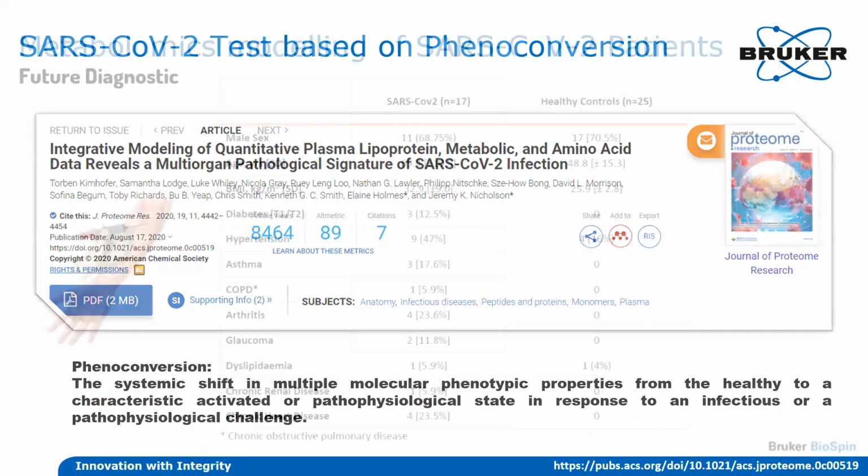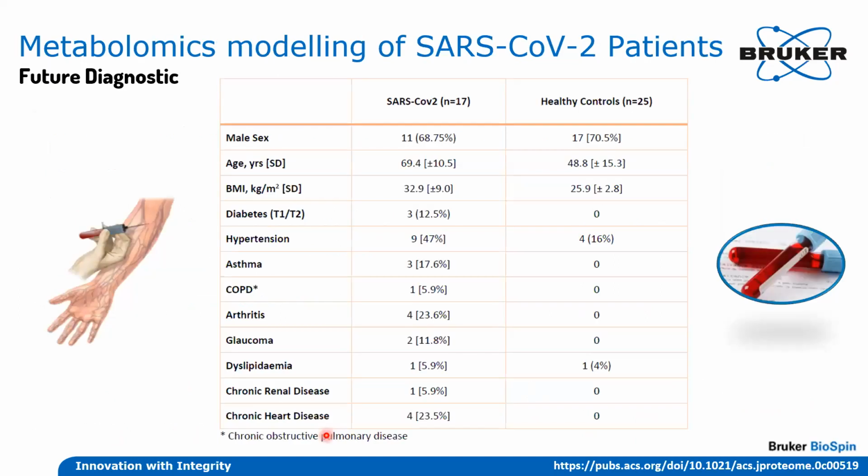According to this publication, the plasma samples were collected from 17 adults who presented COVID-19 disease symptoms and subsequently tested positive for SARS-CoV-2 infection from upper and lower respiratory tract swabs by RT-PCR. And 25 healthy controls were recruited from the population who had not shown any COVID-19 disease symptoms, and they were serologically tested negative with respect to IgA and IgG antibodies.